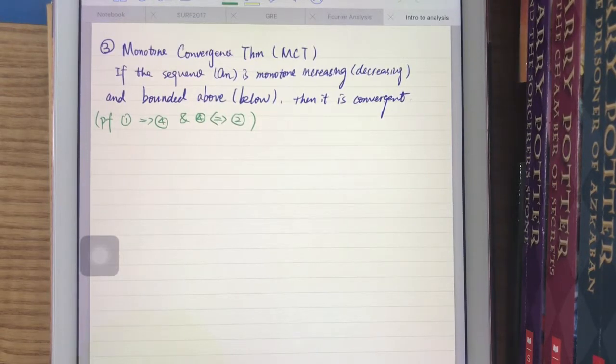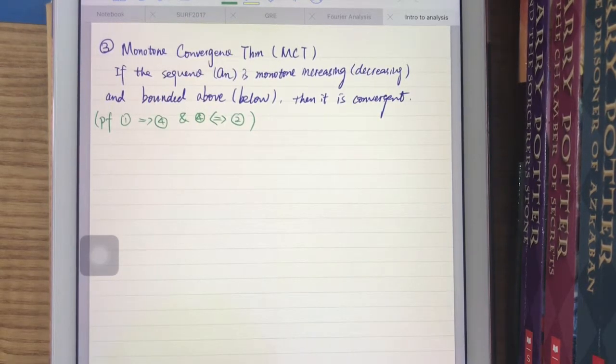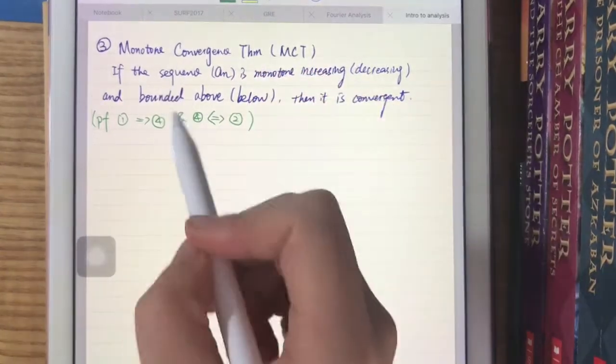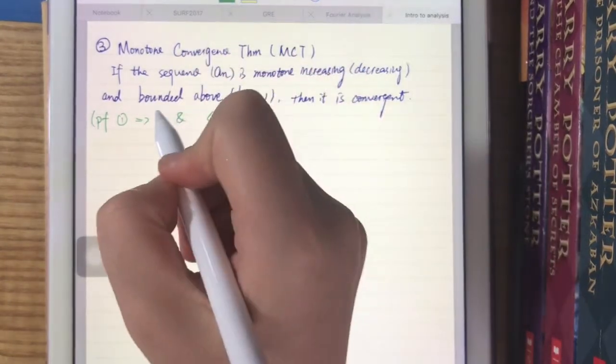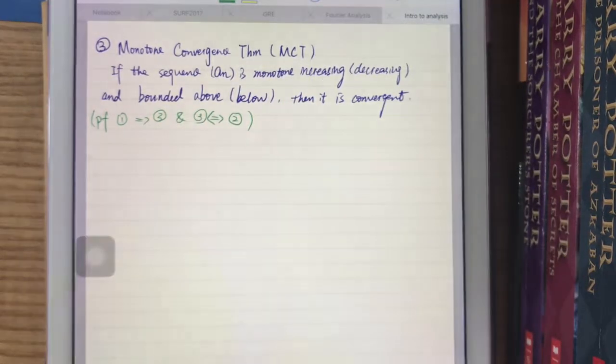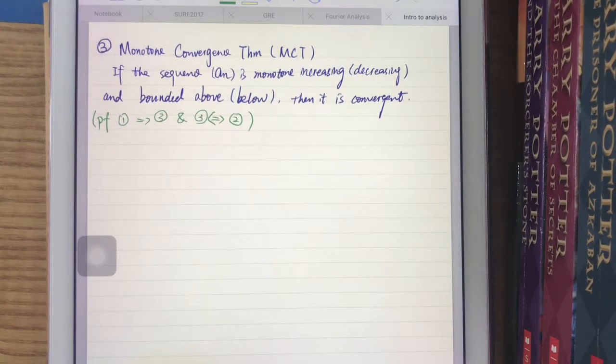So we will show that the first property, this least upper bound property, can deduce the monotone convergence theorem, and this is the third one. And the monotone convergence theorem can prove that the nested interval property is true. So first of all, let's prove the monotone convergence theorem from the LUP, the least upper bound property.